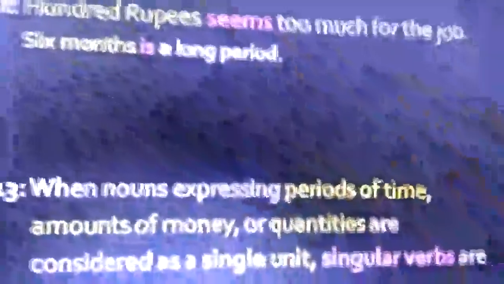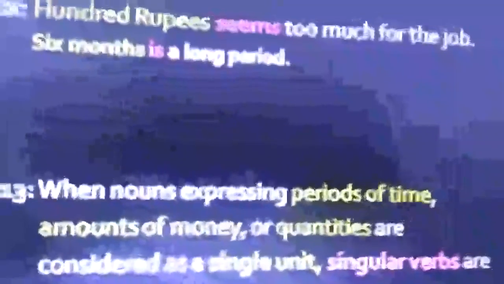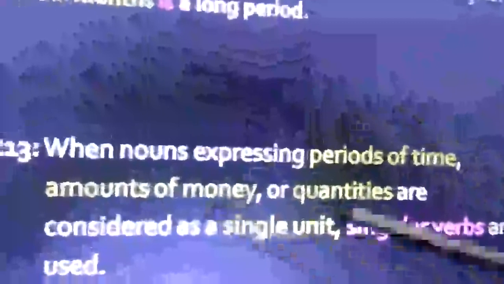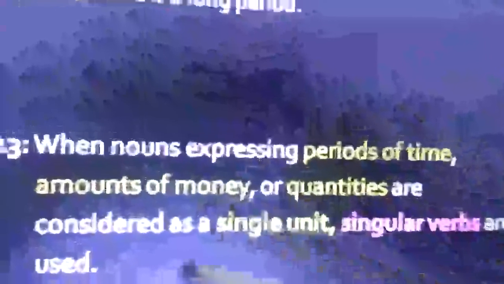So these two things are referring to a single unit, and so the verb that is used along with these two nouns is singular. So nouns expressing periods of time, amounts of money, or quantities are always considered as a single unit, and so a singular verb has to be used with such nouns.